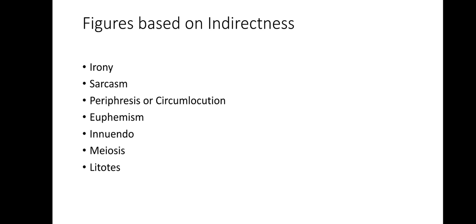Then, apart from that, we have figures based on indirectness. There are many very common figures of speech, like irony. Irony is something which is actually the very opposite of what is stated or intended. There is a famous character from Othello, Iago.